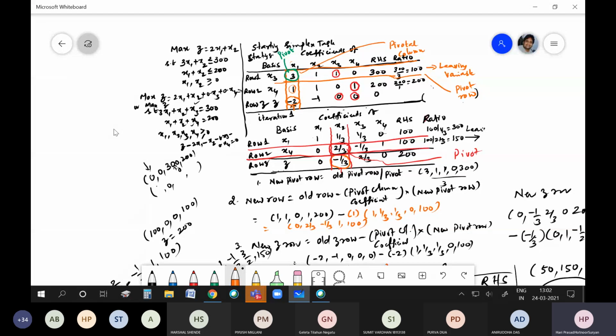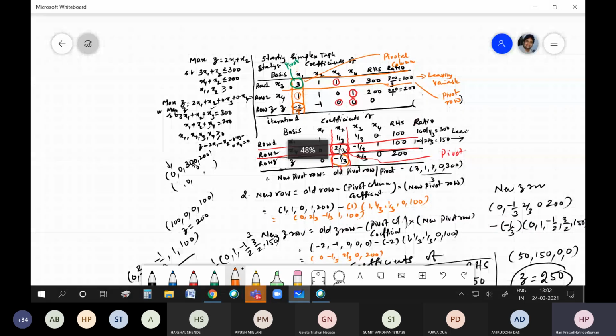Then the new other rows will be equal to the old row minus the pivot column coefficient times the new pivot row. This is basically Gauss-Jordan elimination. Similarly, the new Z row is equal to the old Z row minus the pivot column coefficient times the new pivot row. If you do this, it will conform to the standard simplex table.